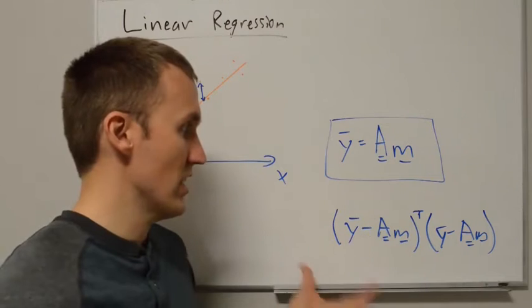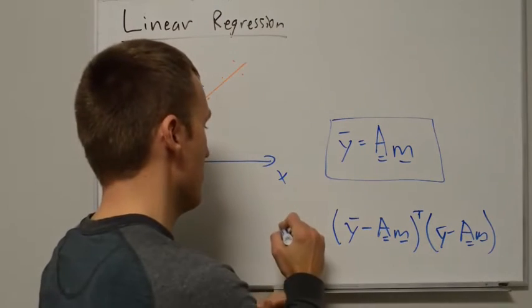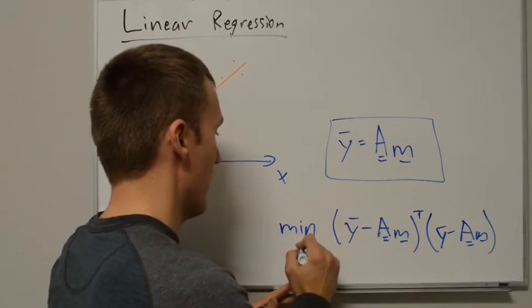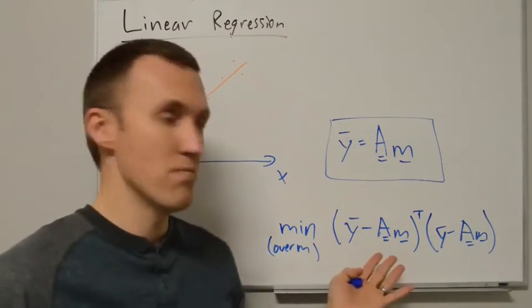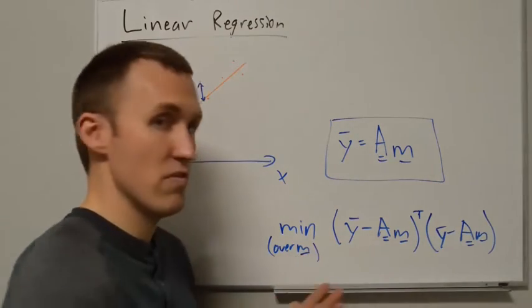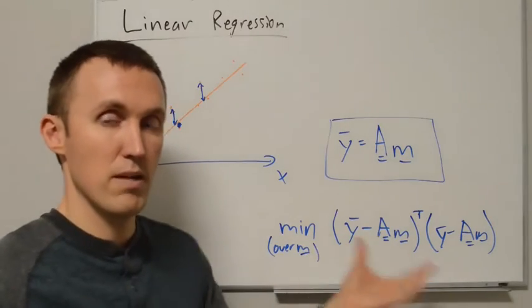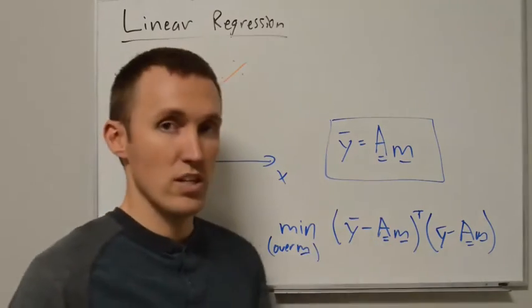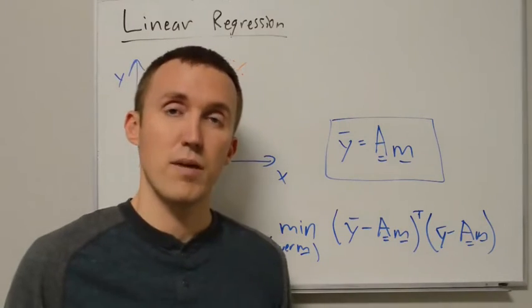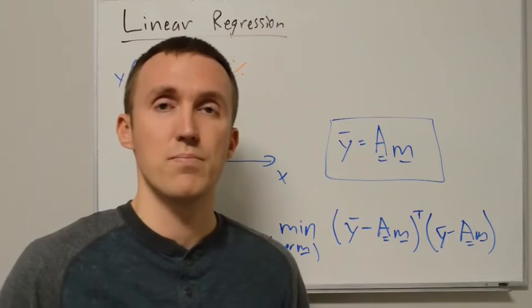And so with this criteria, we can try to minimize over m this quantity, where now m is our vector of unknowns, both m and b, and we try to solve for what m and b should be such that this quantity is minimized. We'll talk about how we do that practically in Python in another video.